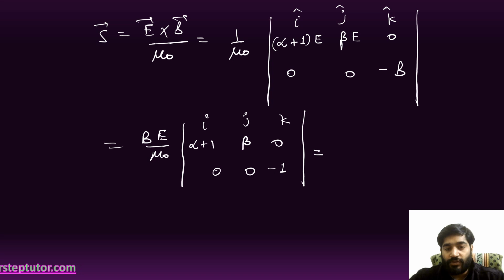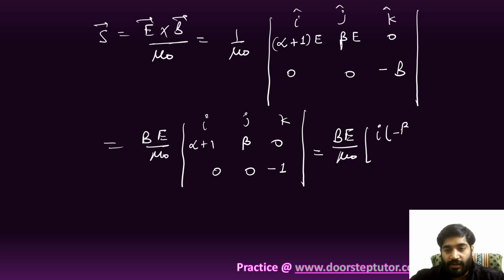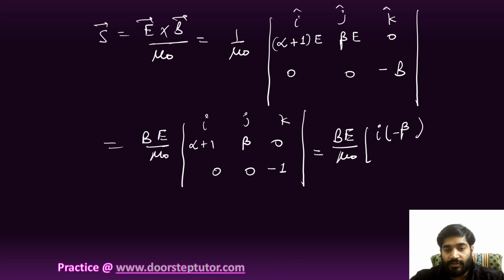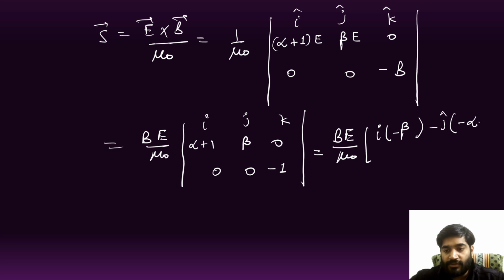So if we solve this, it's B E over mu naught times, minus of minus beta times I cap, also minus of J cap times minus alpha minus 1.